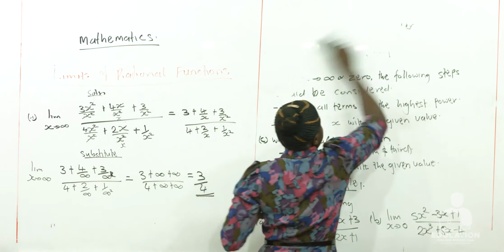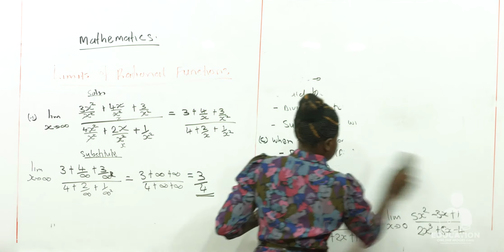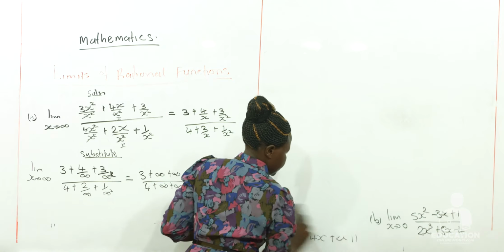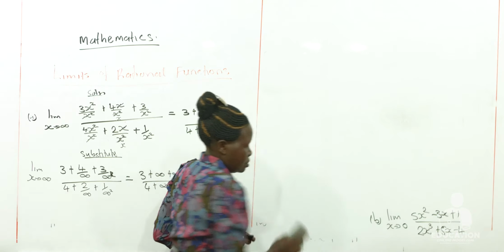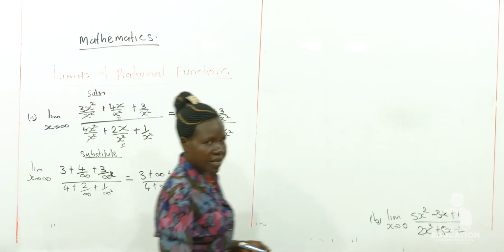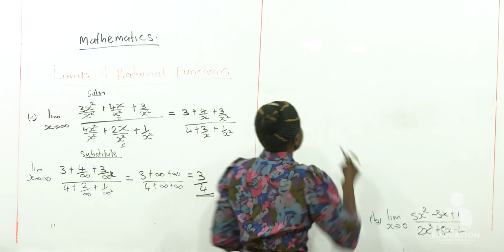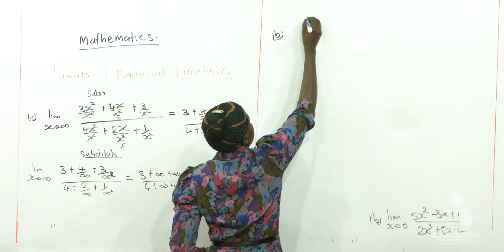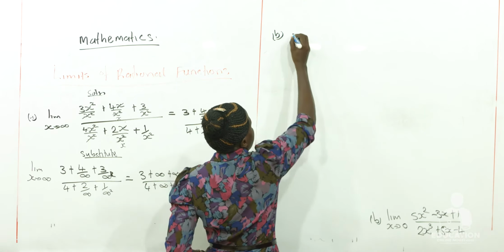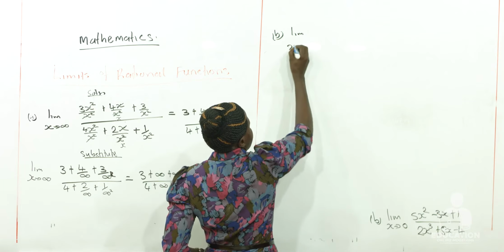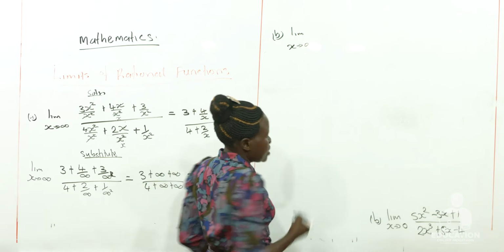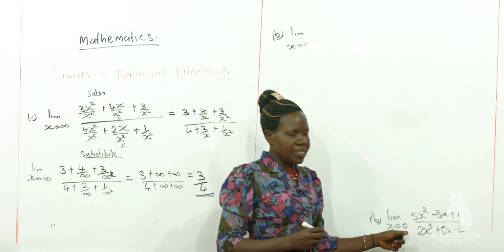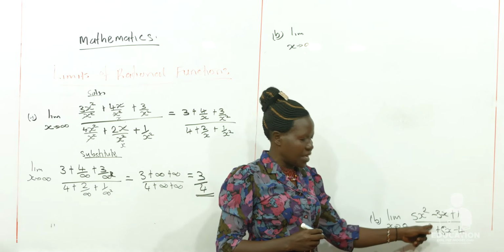And then we see part B. For part B, we also follow the same steps. For the solution of part B, we say the limit as x is approaching 0. We said as long as x is approaching 0 or infinity, we are to divide each term by the highest power.